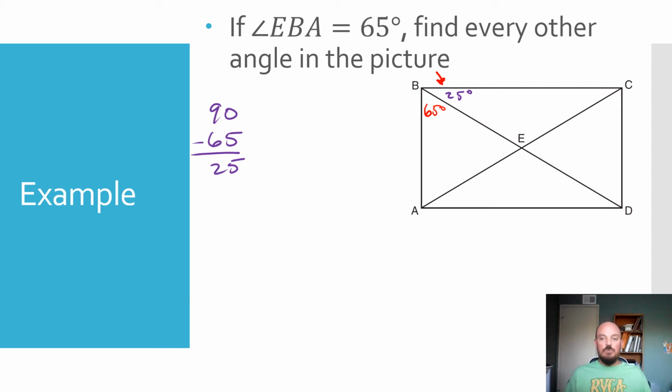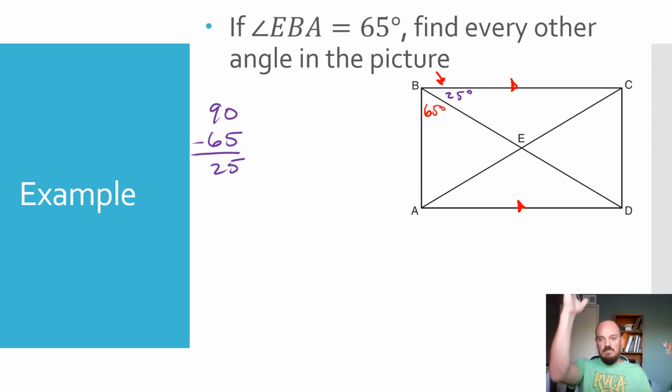Now, I can get two more pretty easily because of what we talked about using alternate interior angles. In fact, we're going to get all of them using alternate interior angles. So let's say first, I think of the top and bottom as my two parallel lines. Remember, a rectangle is a parallelogram, so you can use parallel lines.